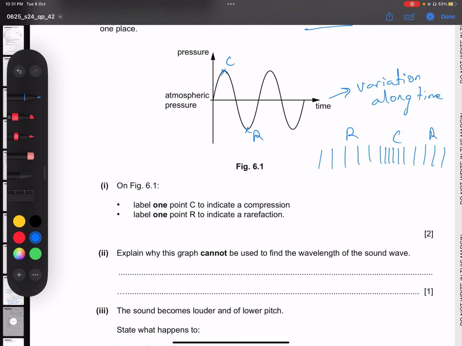So you cannot really find the distance between adjacent crests, adjacent troughs using this method, since there is no way of finding the displacement between each of the crests and the rarefactions. Okay, so that means this graph cannot be used to find the wavelength, since there is no variation along displacement. So the graph does not show displacement.